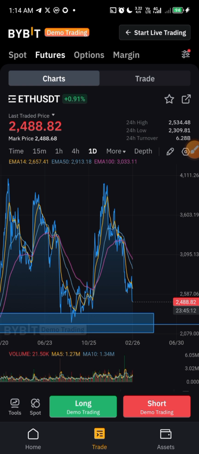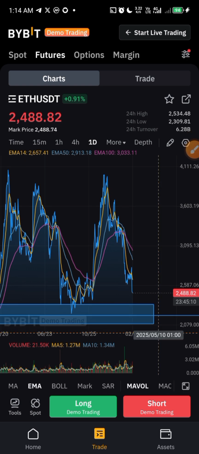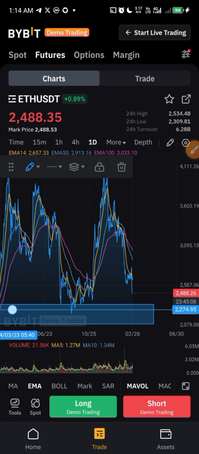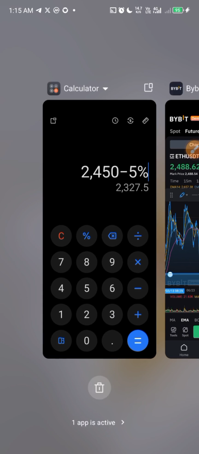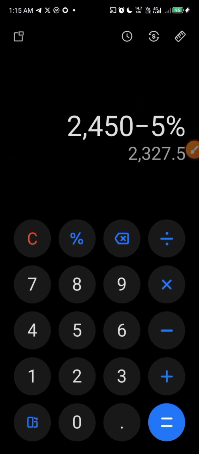I can also get 2,270, and let me see, 2,300 is another reasonable SL I can use. So let's go back to our chart and see what 5% will give us: 2,320 something, right?